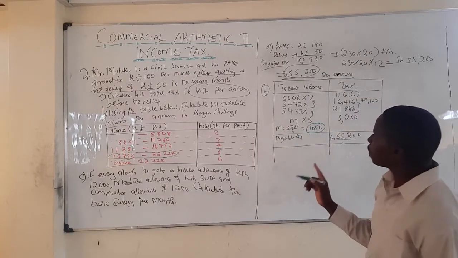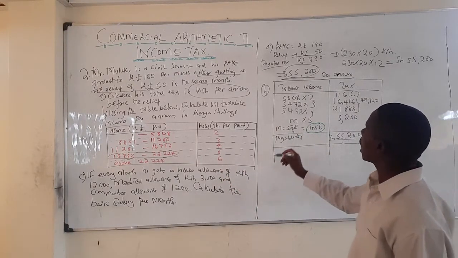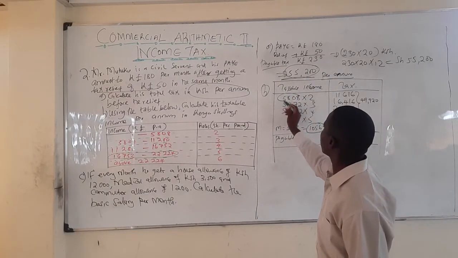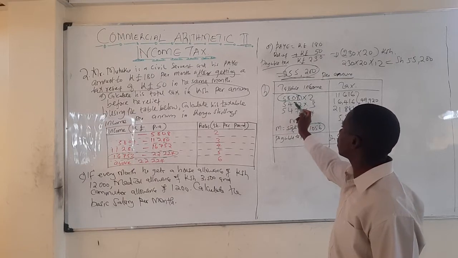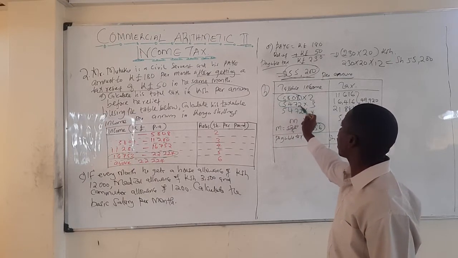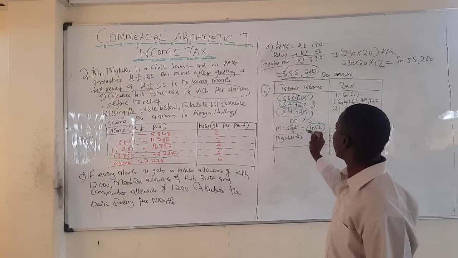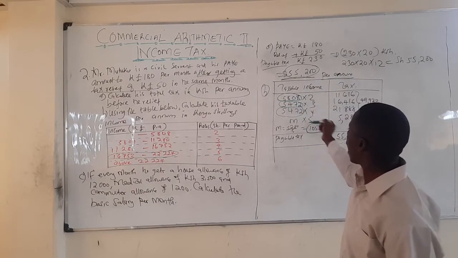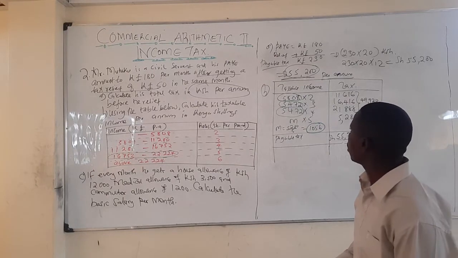So this is the amount that is going to be taxed in the fourth bracket, the 1,056. Then our question is to get the taxable income. We tax the first bracket, the second bracket, the third bracket, and now the fourth bracket. So we add the 4 of them to get the taxable income.